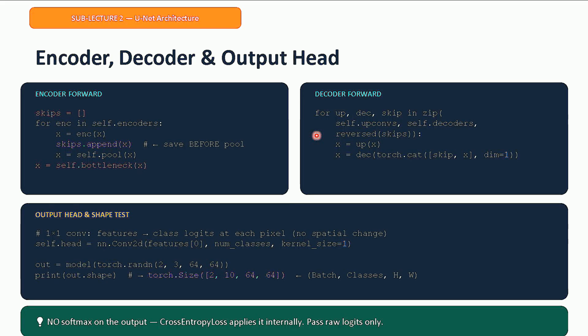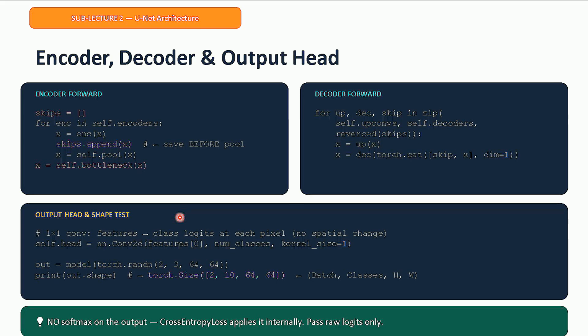After concatenation, we have double the channels. The DoubleConv reduces them back down. Finally, the output head, a 1x1 convolution. This maps from 64 feature channels to our number of classes at every single pixel.